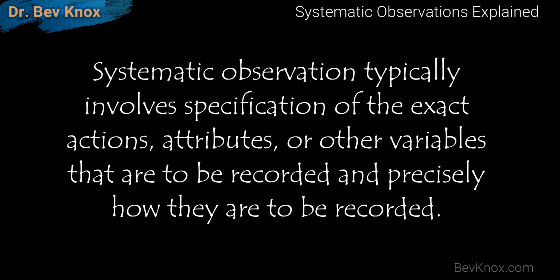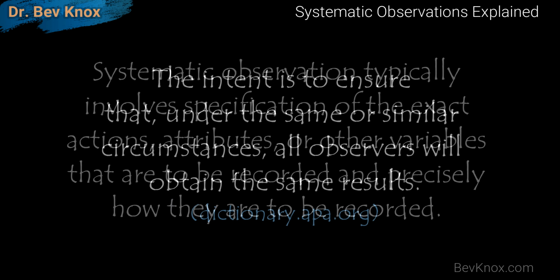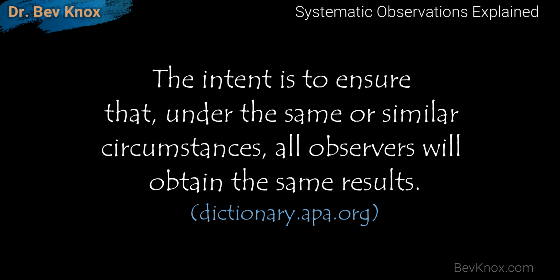Systematic observation typically involves specification of the exact actions, attributes, or how they are to be recorded. The intent is to ensure that under the same or similar circumstances, all observers will obtain the same results.